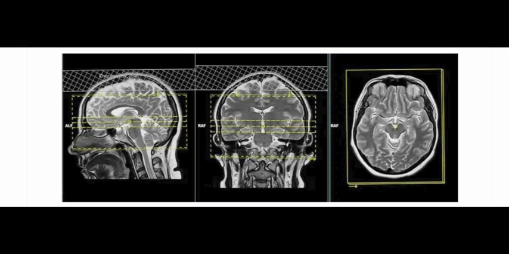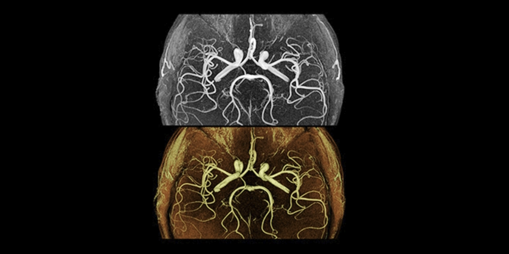Ensure the appropriate angle is maintained in the coronal plane, perpendicular to the line of the third ventricle and brainstem. To reduce venous contamination in the resulting TOF image, use a saturation band on top of the axial block. After completing the TOF sequence, we will see the result in MIP image.